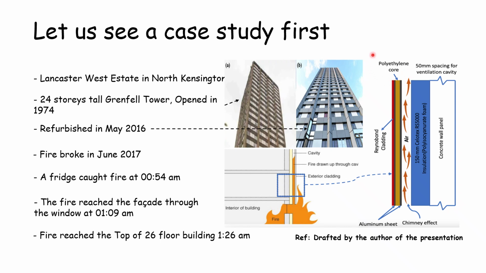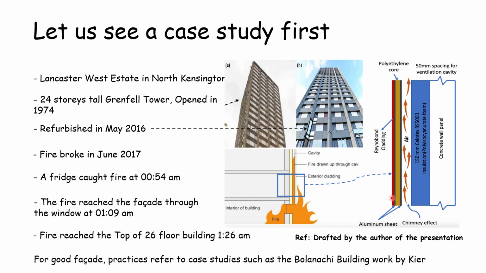The polyethylene core and the aluminum sheet together make a very flimsy facade. The moment the fire caught in, it acted like a funnel, and the fire rose up very quickly, and the whole facade melted down very quickly as well. If you want to see some good facade examples, the Bolognacci building work by Kier is a good example. You can refer to that as well for good practices.